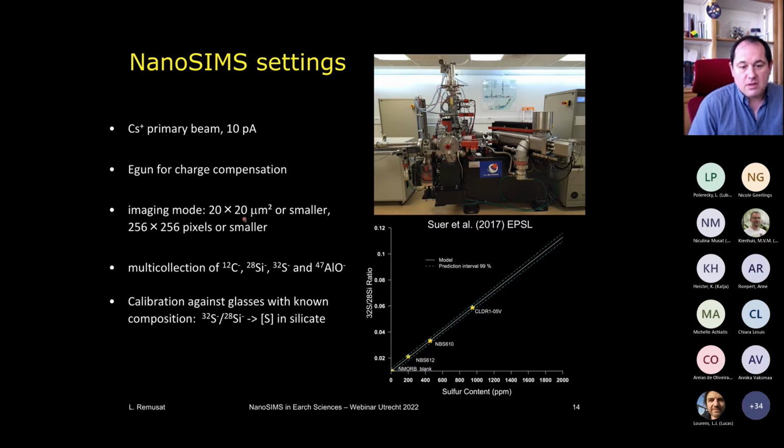We made images of 20 by 20 square microns. We collected secondary ions of sulfur, carbon, silicon, and aluminum. We use the ratio sulfur over silicon to obtain a calibration curve using several glass standards to obtain an accurate sulfur content in the silicate area.